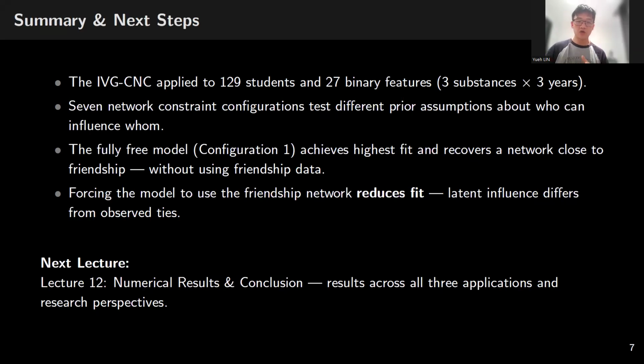The fully free model achieved the highest fit and spontaneously recovered a network only 6.7% away from the observed friendship network. This was done without using friendship data; the data was not known to the model beforehand. And forcing the model to use the friendship network actually reduced the fit, confirming that latent influence differs from the observed ties.